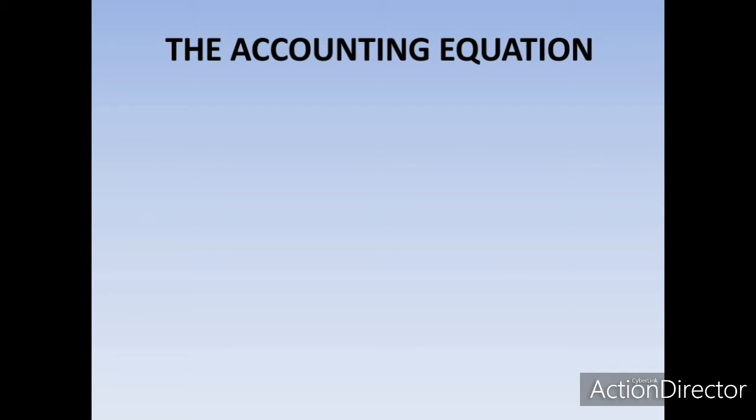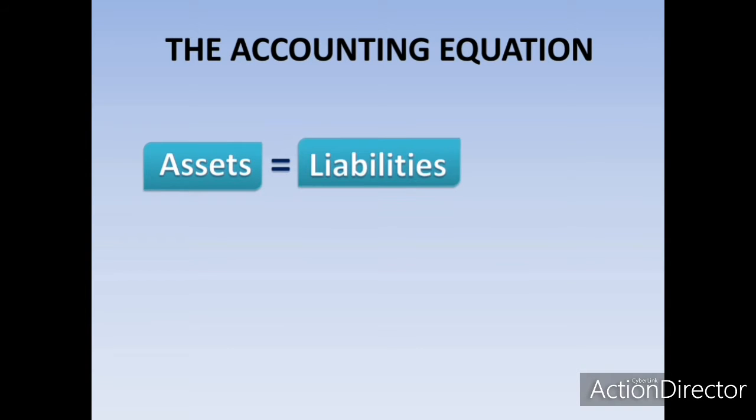The basic tool of accounting is the accounting equation. We have here assets is equal to liabilities plus capital. The left side of the equation, which is the assets, shows how much the business owns. The right side of the equation shows how much resources the outside creditors have and the owner supplied to the business, which is the capital.